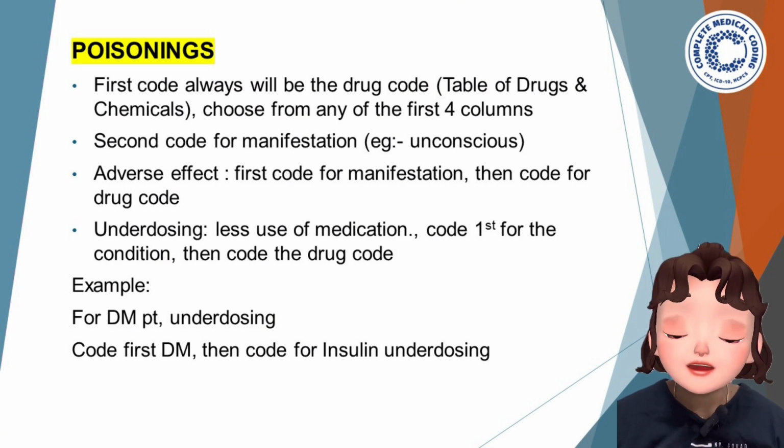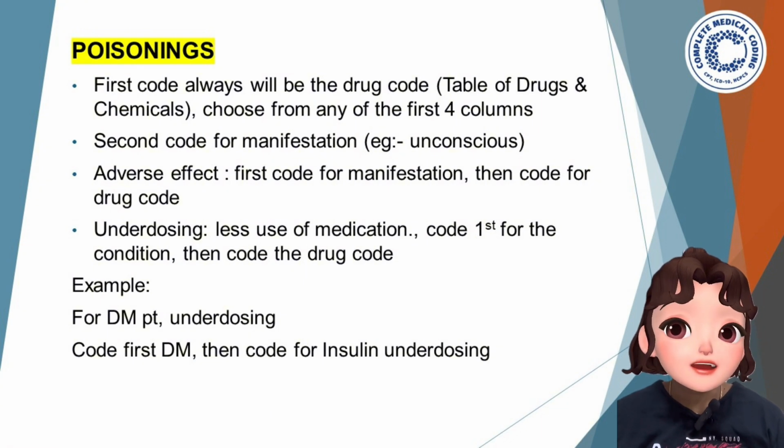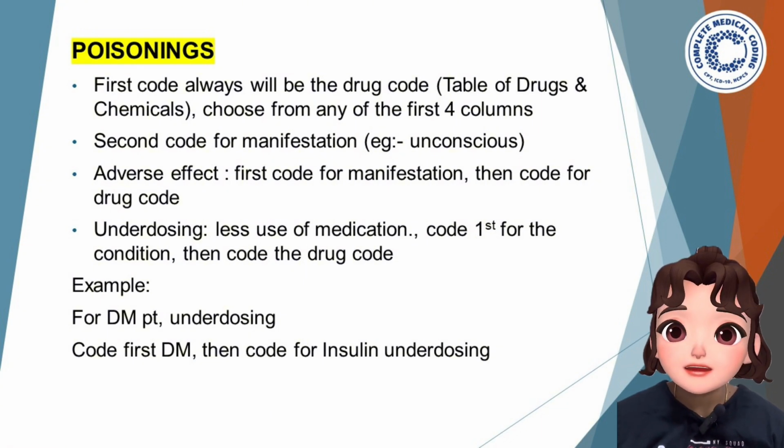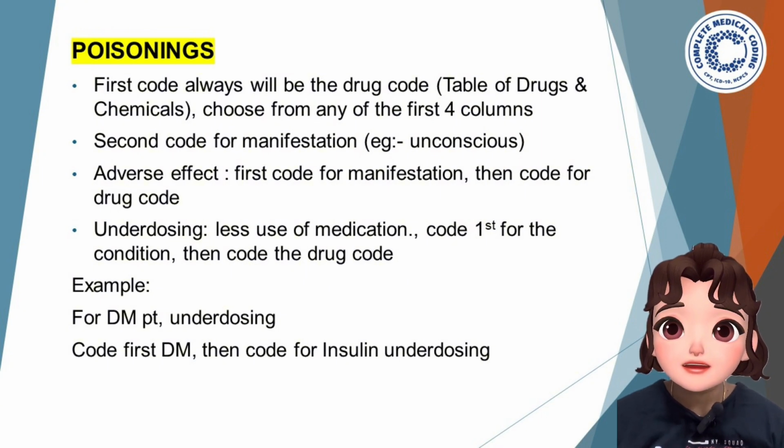Now, underdosing and overdosing. I think we have already learned about underdosing and overdosing when we learned the E-codes chapter. Underdosing means less use of medication. Code first the condition, then the drug code.